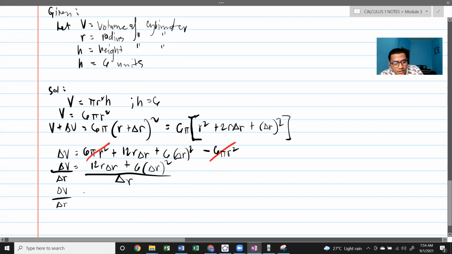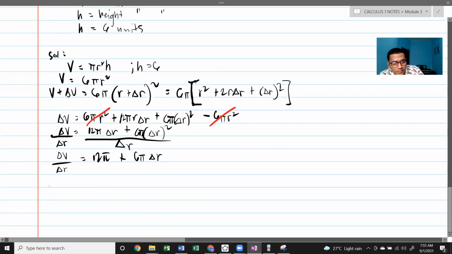So delta V over delta r now is equal to 12 pi r plus 6 pi delta r. Sorry, there was a typo here: this should be 12 pi, and also here, there is a 12 pi too.